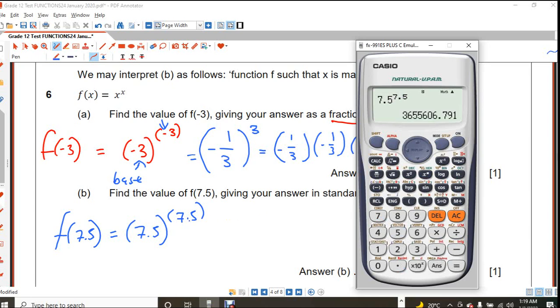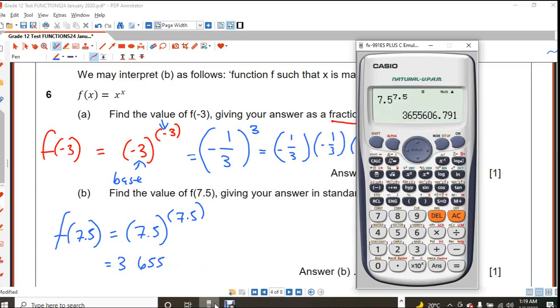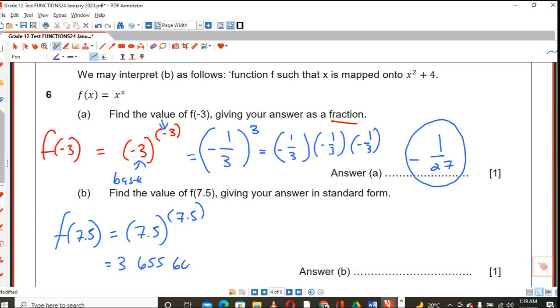Well, the answer is 3,655,606.791. But we're looking for the answer in standard form. So I'll say 3.66 times 10 raised to the power of 6.